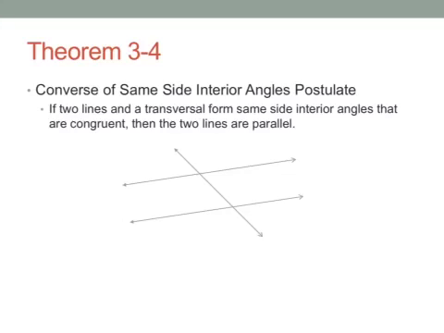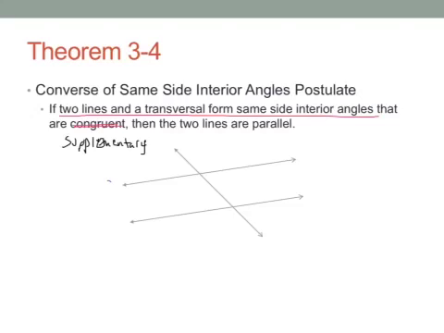A third way is the converse of the same side interior angles postulate. Switching that postulate around, if we have two lines and a transversal that form same side interior angles that are supplementary, then the two lines are parallel.